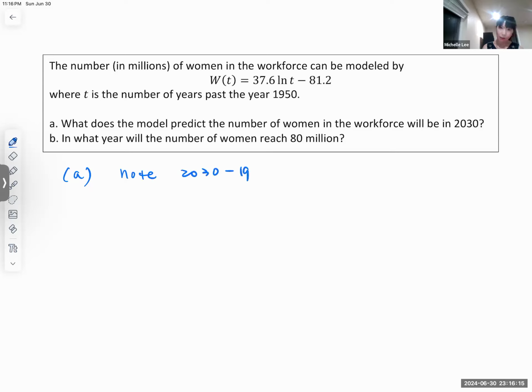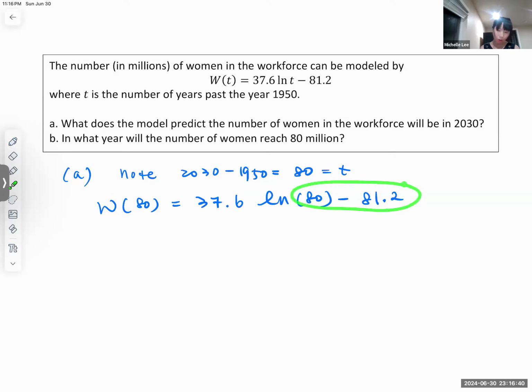Okay, so once again, 2030 minus 1950, that would be 80. So we are using t equal to 80. So W of 80 equal to 37.6 natural log of 80 minus 81.2. Please don't subtract, right? So this is natural log 80.